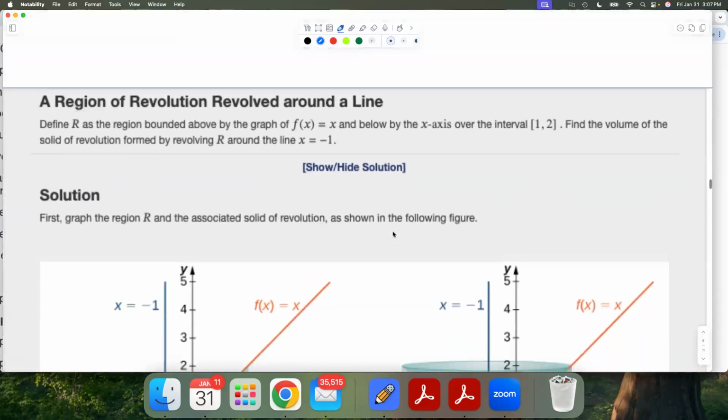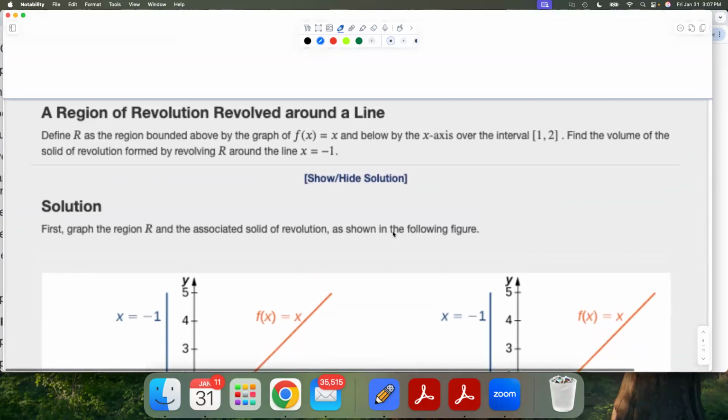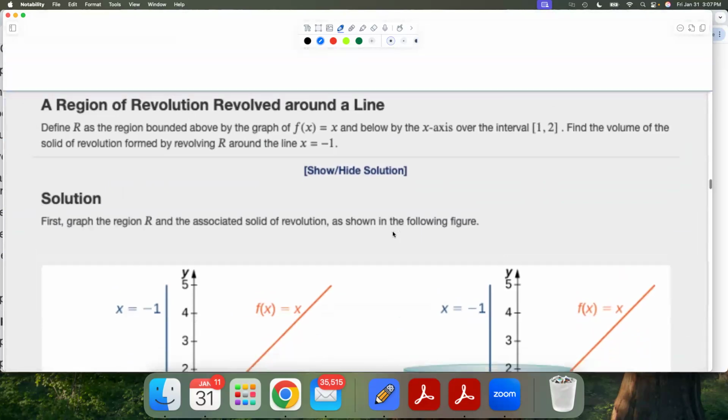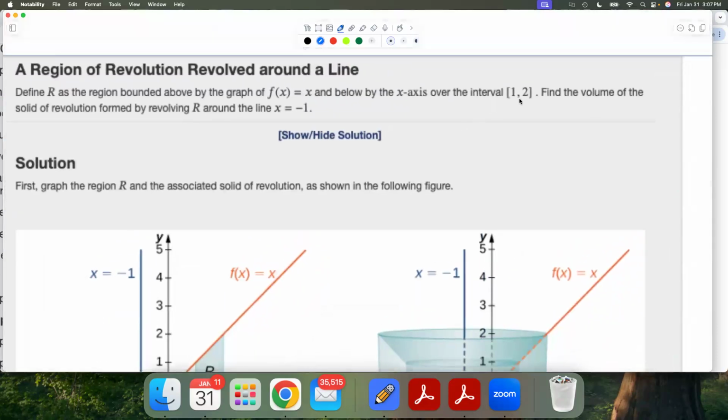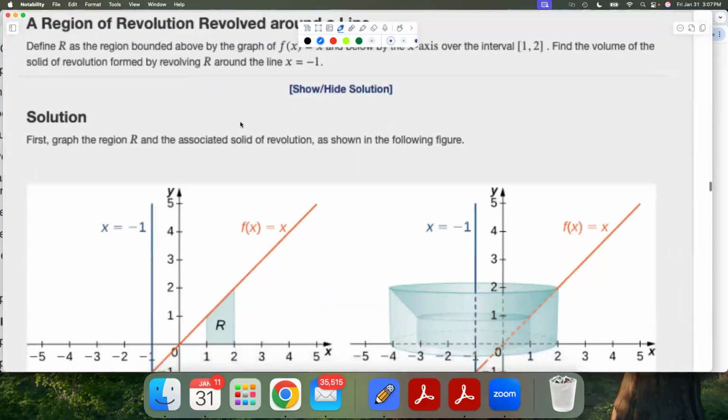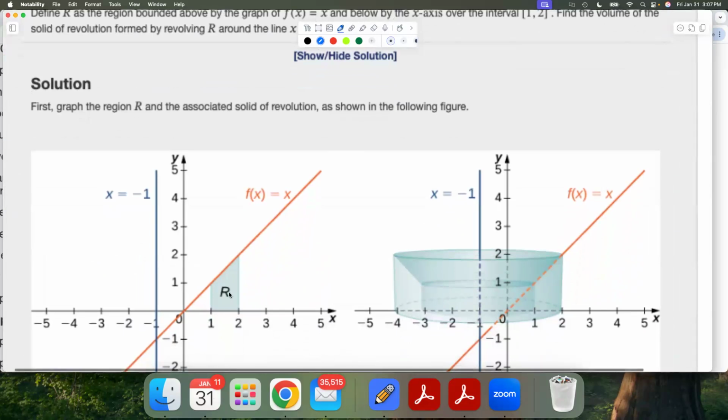Okay, now let's do one where we rotate around a line that's not one of our axes. So I've got y equals x, from 1 to 2, and above the x-axis, this little region here, rotating around the line x equals -1.